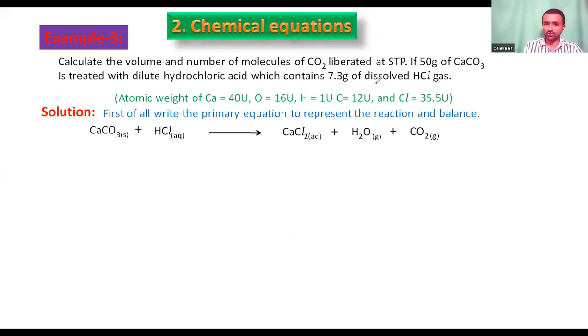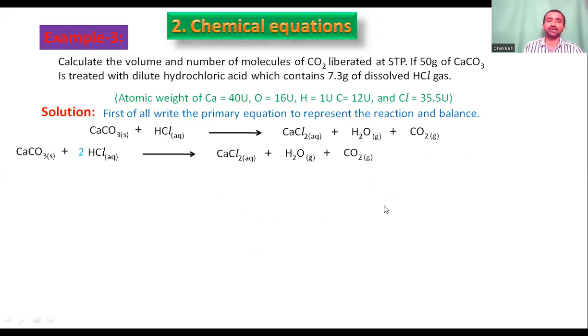Got it? So what to do? Just put a coefficient 2 before HCl. That's enough. Now check your equation. Balanced or not? Right side, 3 oxygen atoms, 1 plus 2. Left side, 3 oxygen atoms.